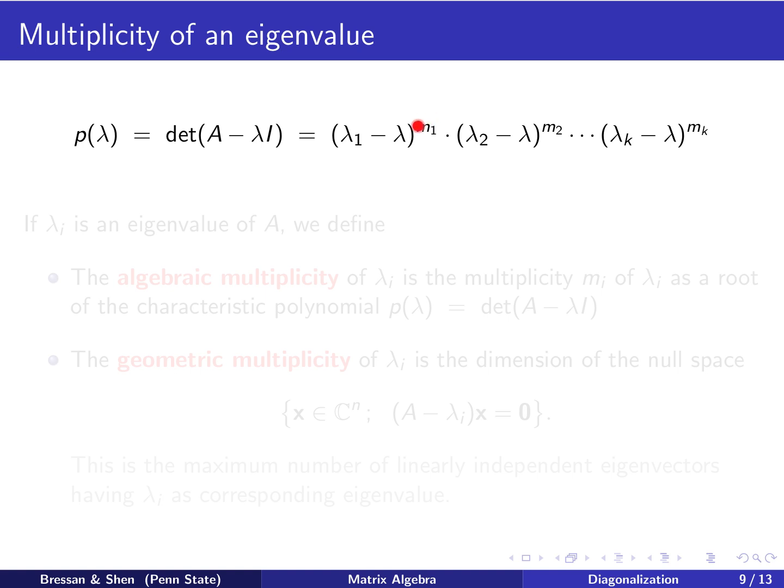So here the powers m1, m2, these are numbers. It could be 1, then it's a single root, and it could be 2, then it will be a double root, or it could be even higher.